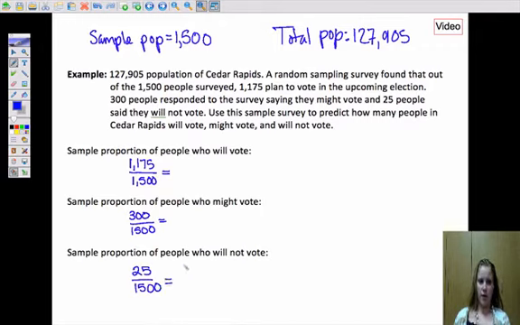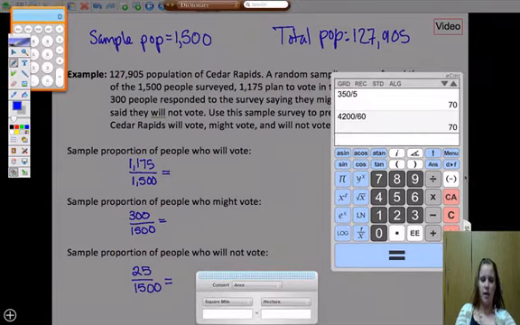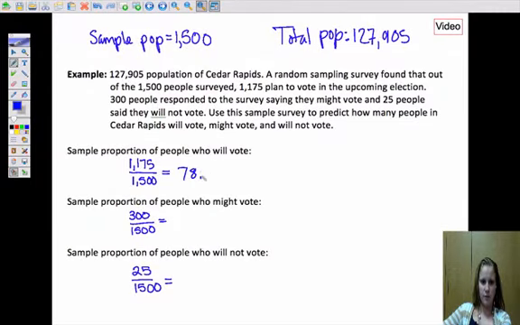Now why I'm putting equal signs on there is because we can then talk about percentages. If we take the 1,175 and divide it by our sample population, then that's 78.3% of the sample population who said they were going to vote.